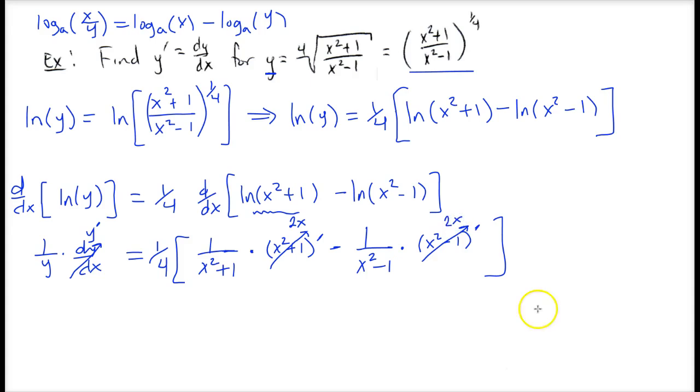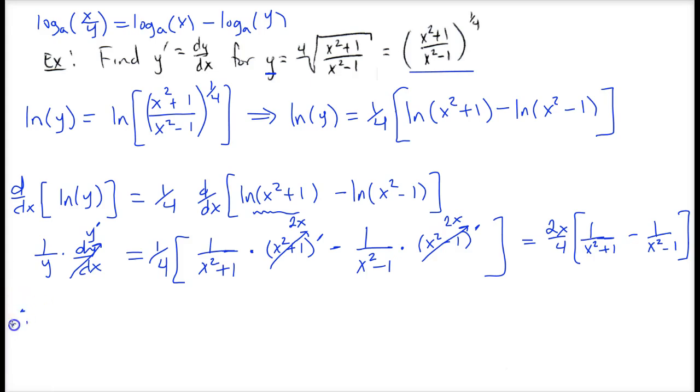And so you can see here that we have a common factor of 2x in both terms. So what I'm going to do is go ahead and factor that out. So if we do that, then this right side here will look like this. So it'll look like 2x over 4. And then this would be 1 over x squared plus 1 minus 1 over x squared minus 1, like that.